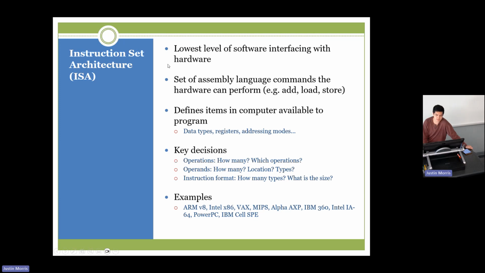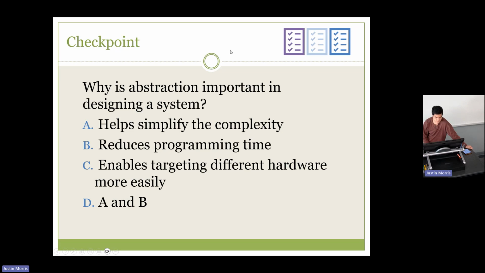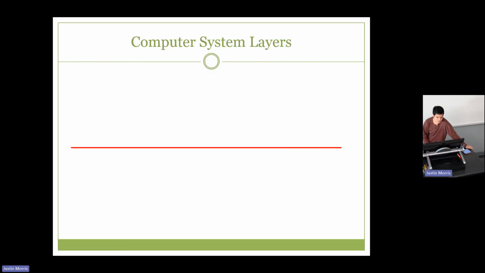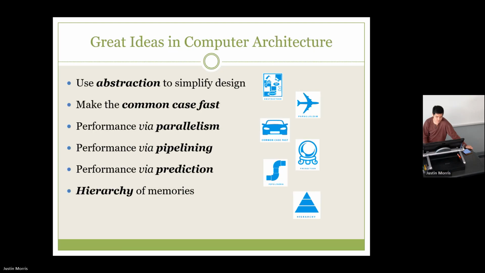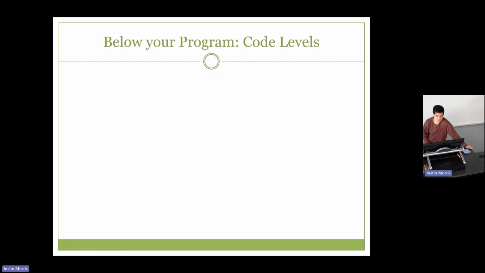It's all because of, going back to this slide, make the common case fast. So it's easy to make the common case fast if your ISA is simpler. So x86 is a very complex ISA.